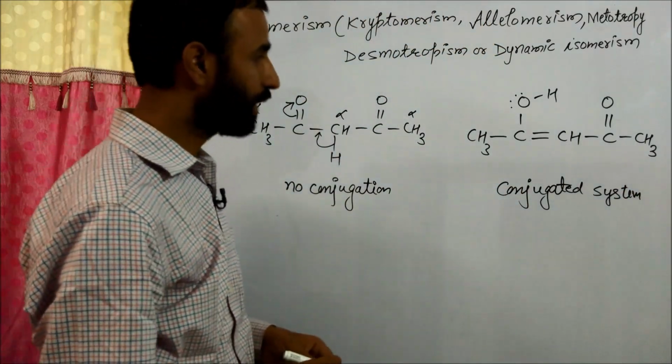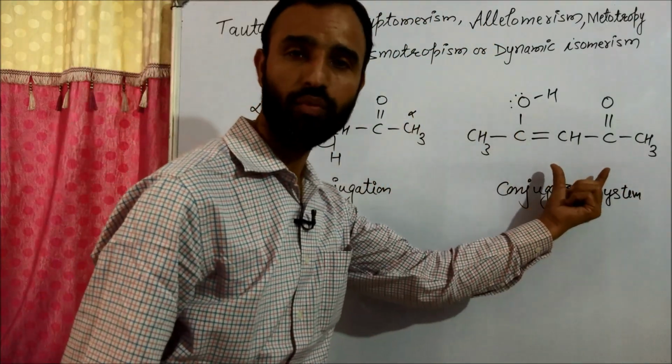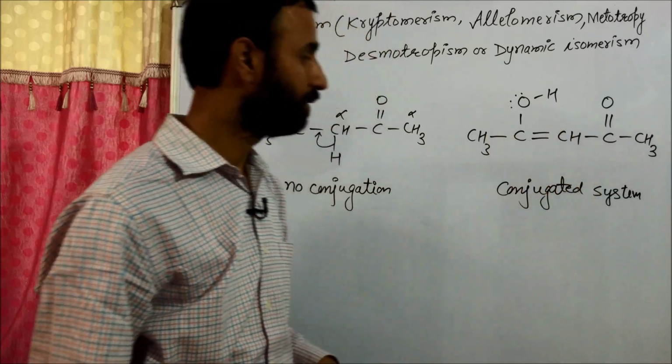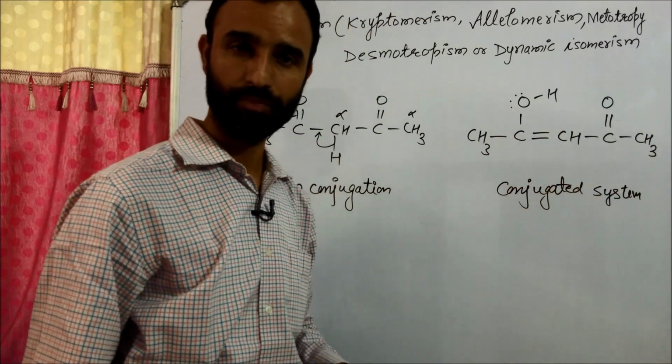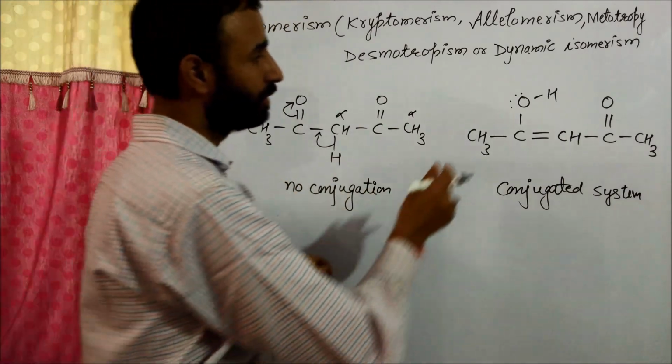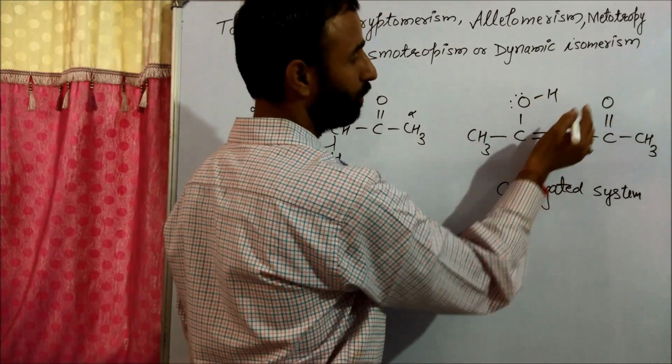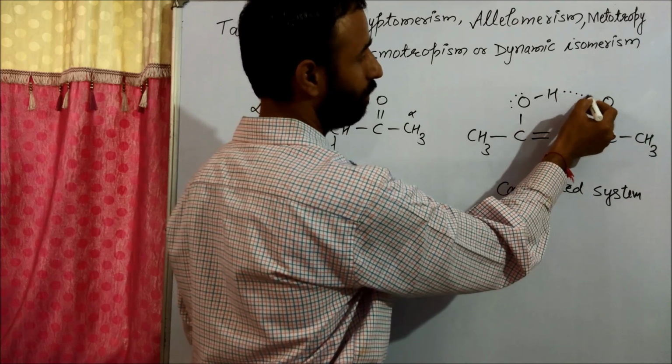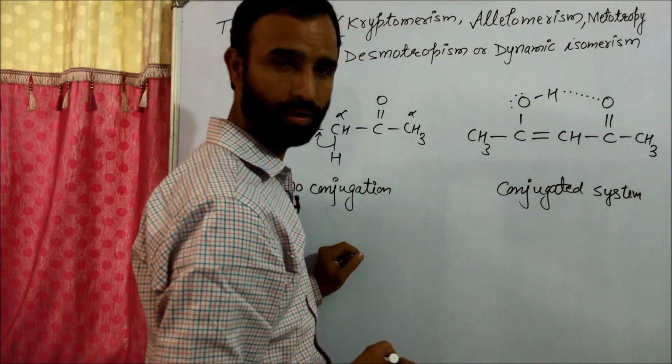The first factor which favors this enol form is conjugation. And the second factor, this OH and CO, they form a hydrogen bond.